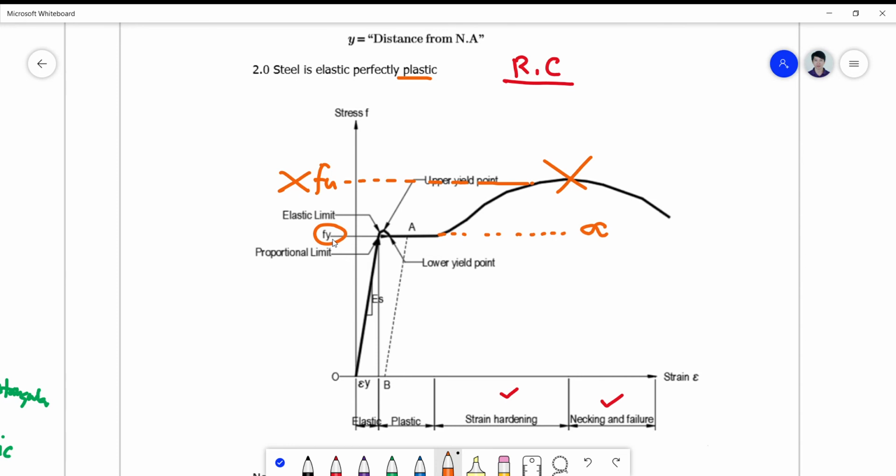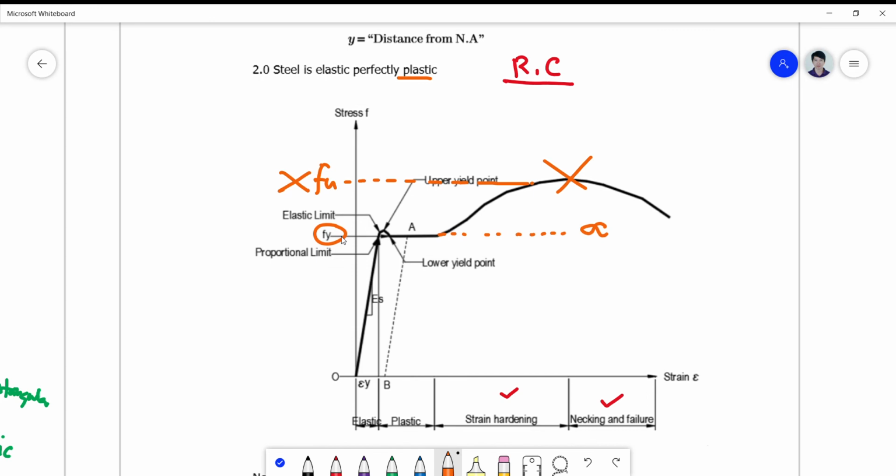Okay? And it is for the very reason that we want our member to be behaving as ductile as possible. That's why we do it this way. Okay?